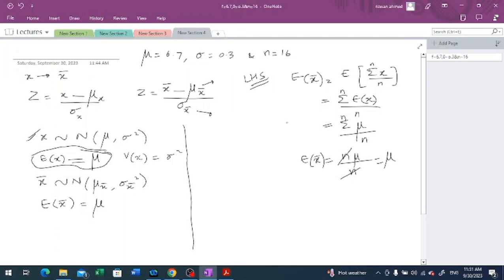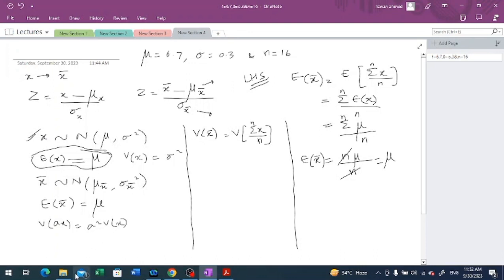Similarly, if we take the variance of x bar, this can be written as the summation of x divided by n. Before applying the variance operator inside the bracket, we need to consider the property of variance, that variance of ax is equal to a squared times variance of x. Why is this so?